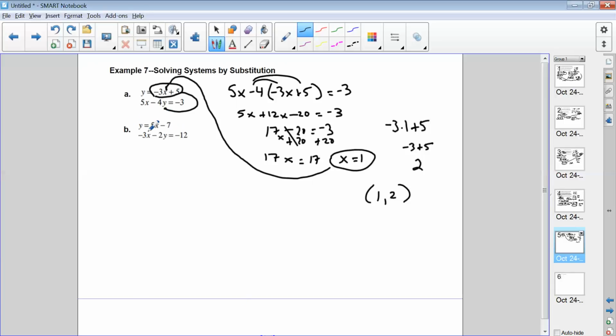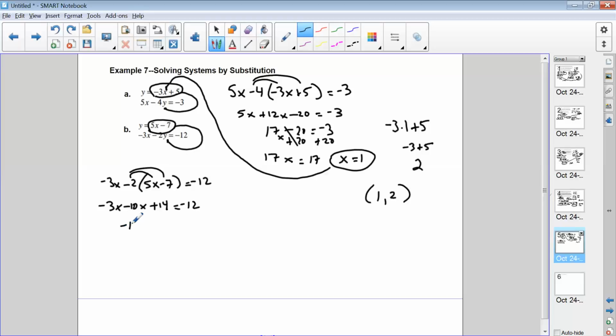And the second one's very similar. I know that y is 5x minus 7, so I'm just going to substitute here. So I get negative 3x minus 2 times 5x minus 7 is equal to negative 12. So I'm going to distribute the negative 2, and I'm going to get negative 3x minus 10x plus 14 equal to negative 2.